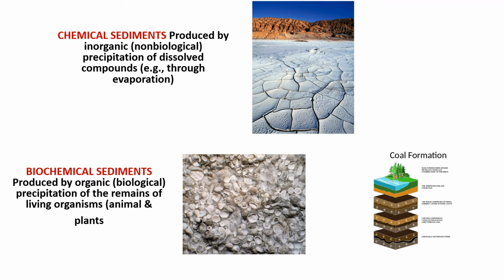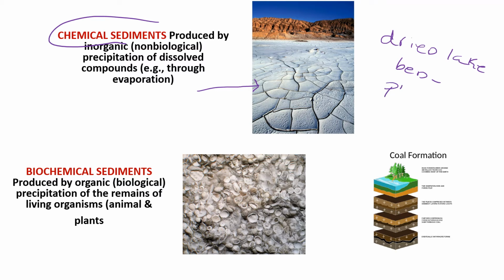This slide shows chemical sediments, as we see here in this picture. This is a dried lake bed, or the term that we use is a playa. The water has dried up and the minerals that were in the water have precipitated out. So those are chemical sediments.